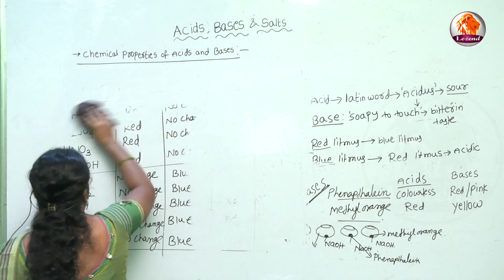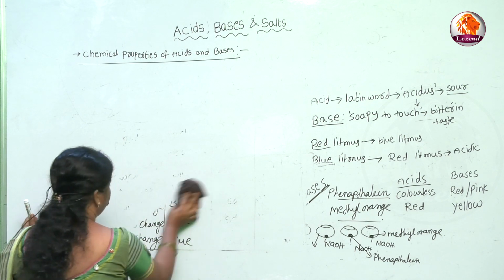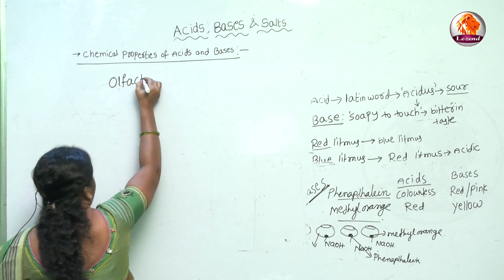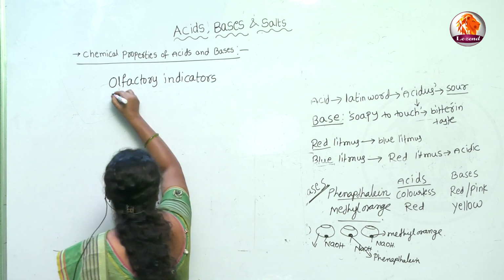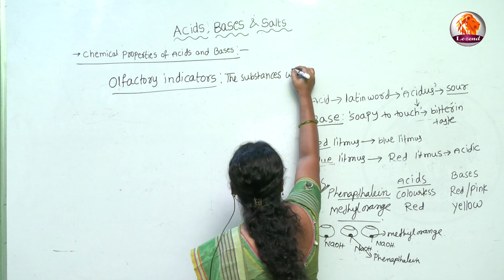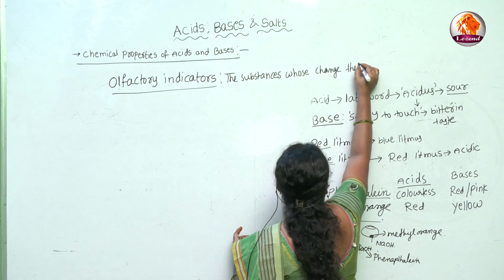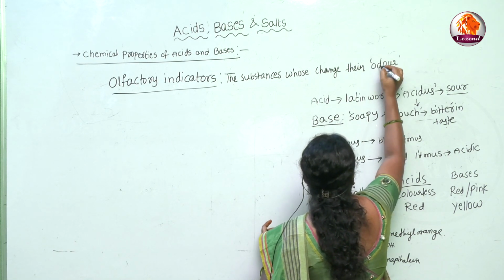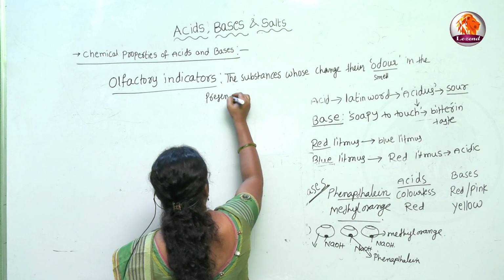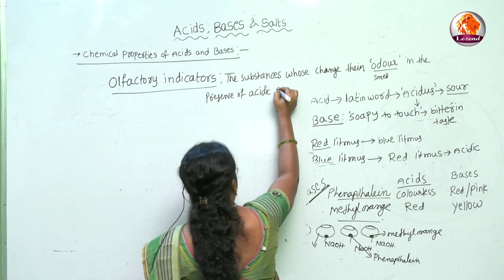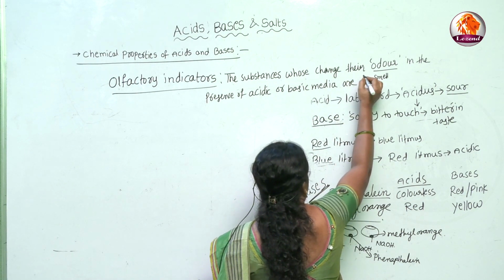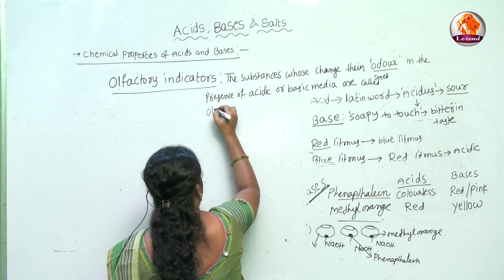Olfactory indicators: the substances whose odor changes in the presence of acidic or basic media are called olfactory indicators. How do we define olfactory indicators? The substances whose odor changes, odor means what here? Smell. Whose odor changes in the presence of acidic or basic media, okay, are called olfactory indicators. So like this way we define olfactory indicators.